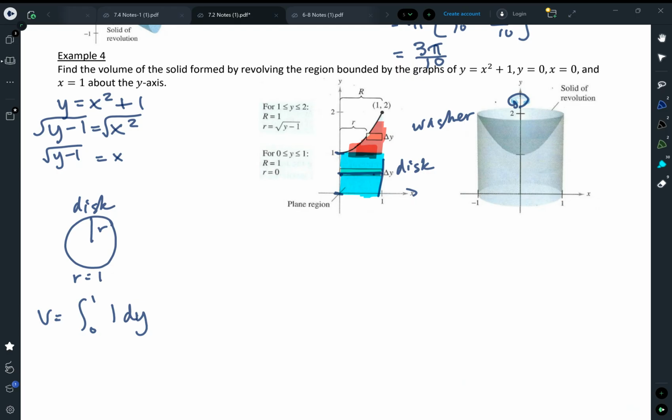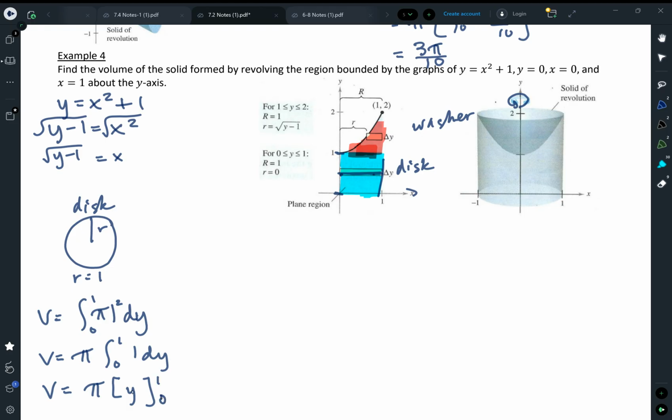Oh, and I can't forget circle, pi r squared. So this is going to be a pi, this is going to be a 1 squared. I was just really going to write 1 dy, and that's crazy. So I need to put the pi in front. This is 0 to 1. And we integrate. We're basically just going to have a 1y, so just a y, from 0 to 1.